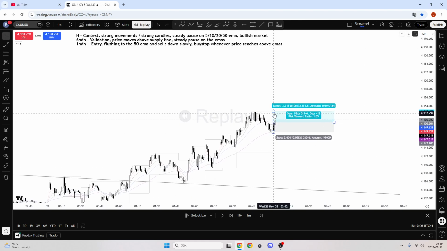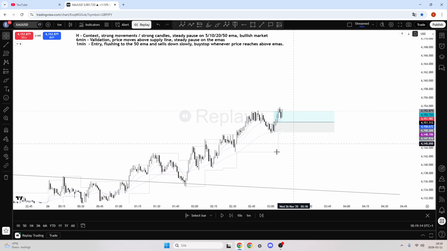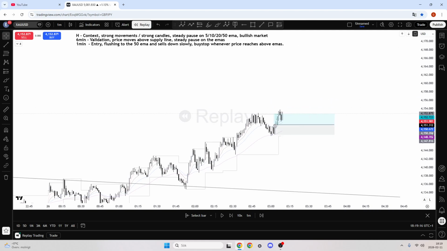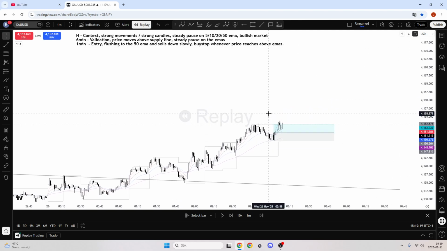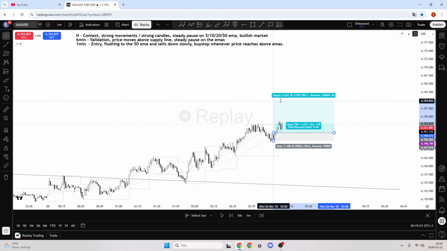Whenever price reaches 1-to-1, I will simply just move my stop to break even. So I have no risk on the table. I have nothing to lose, or I have only upside potentially if we want to continue, and my first partial is gonna be at 1-to-5.